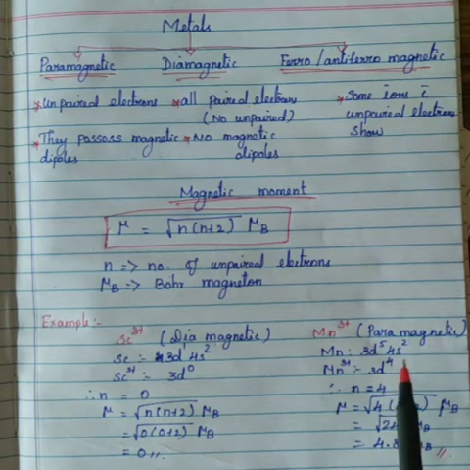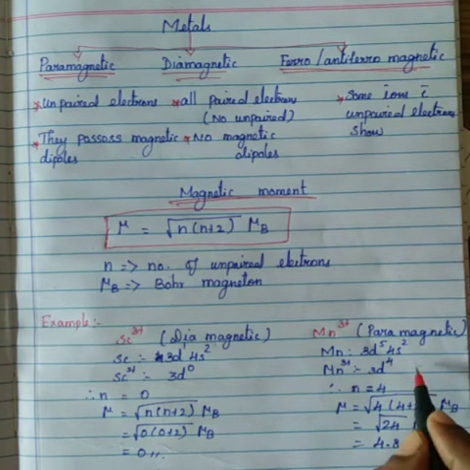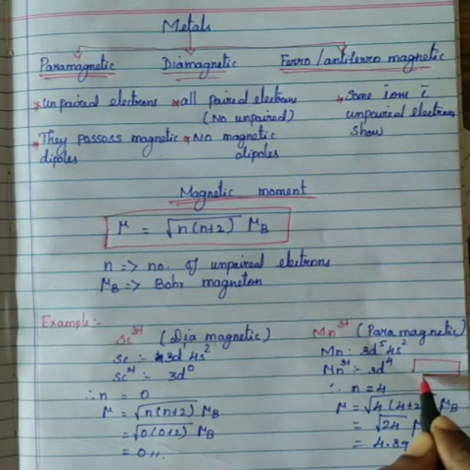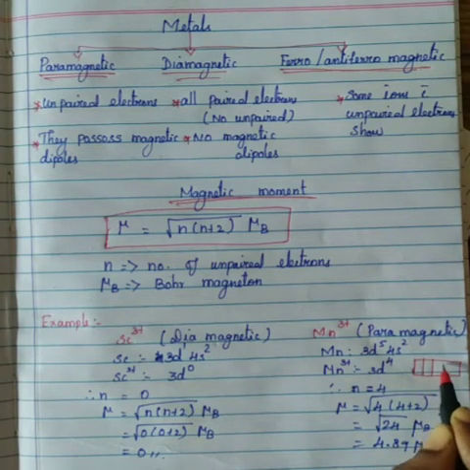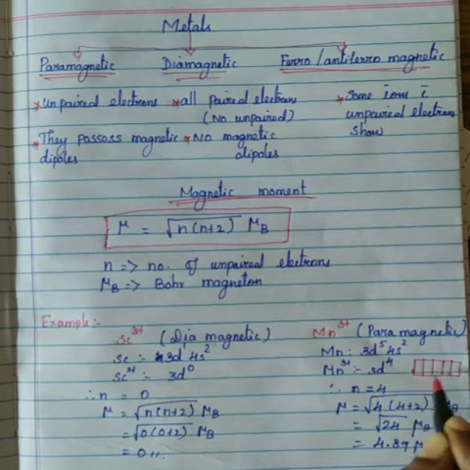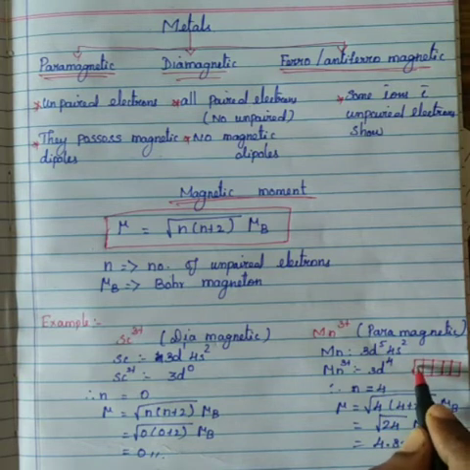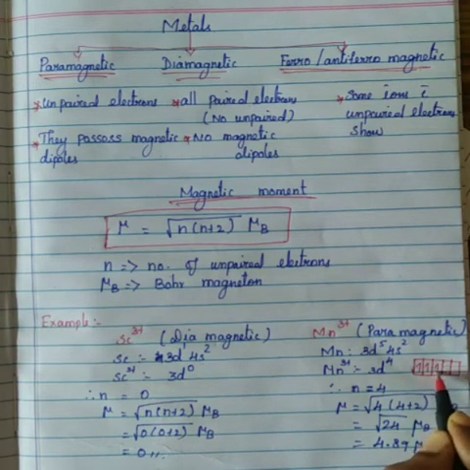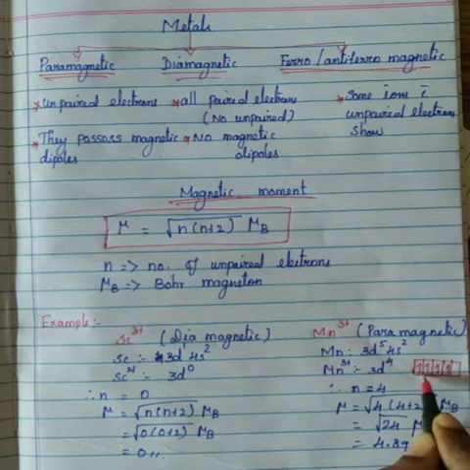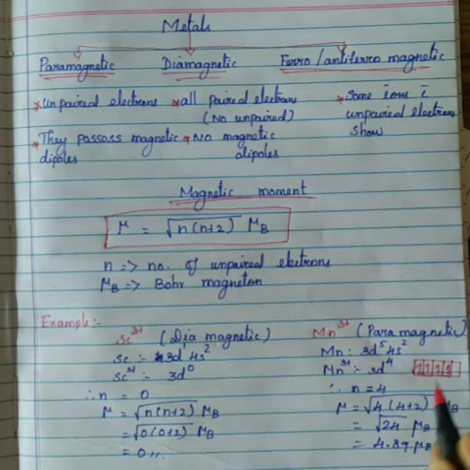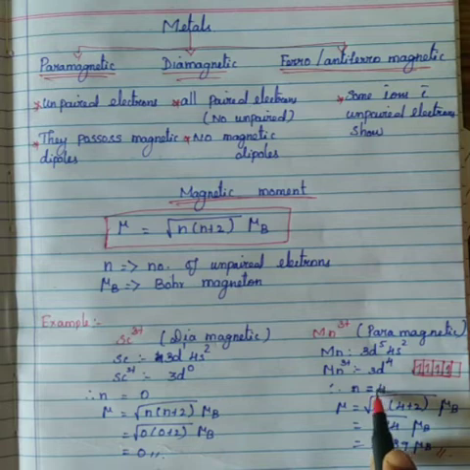If it is 3d4, how many unpaired electrons do we have? Already we know the d orbital has 5 orientations. In these 5, we fill only 4 electrons: 1, 2, 3, 4. So these 4 electrons are all unpaired. So the number of unpaired electrons is 4.